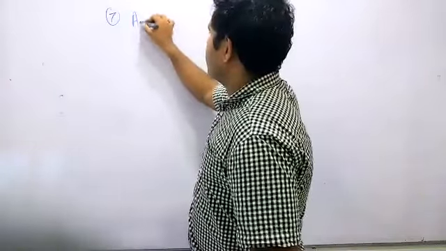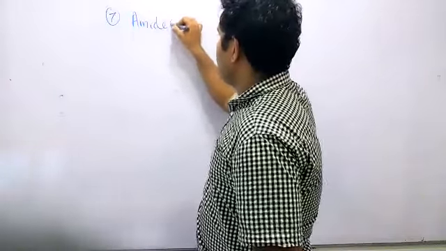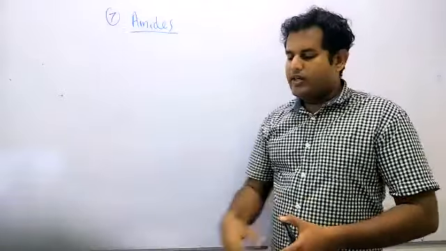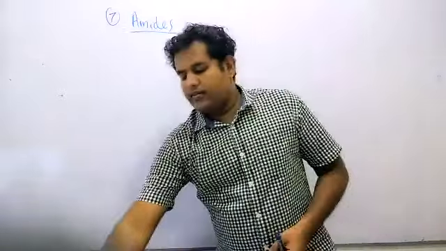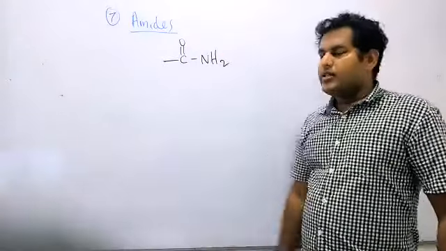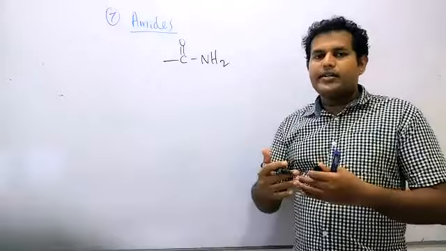So try to remember the functional group with the name. How do we notate an amide group? That is CONH2. CO and NH2 should be combined together.